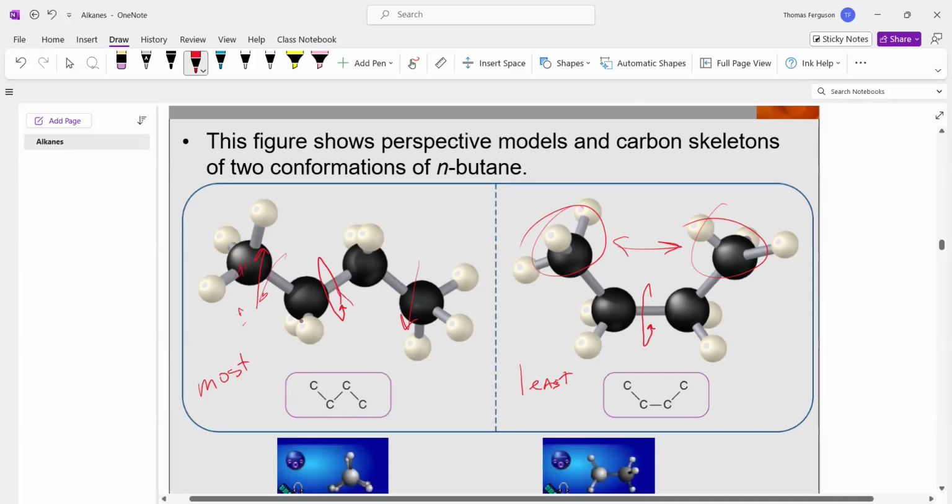So this is the same deal as over here. As they rotate, they're going to become more stable or less stable. So it's going to rotate till it becomes the most stable, and then kind of stop there. Not totally stop, but kind of stop. So it's going to want to hang around the most stable version.